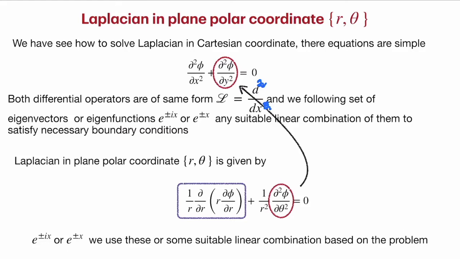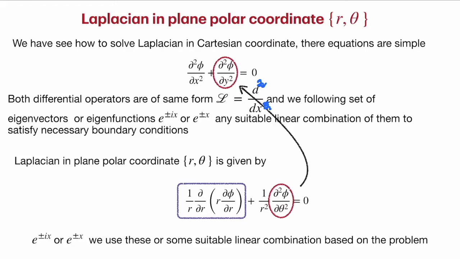The Laplacian in the plane polar coordinate r theta is given by 1 by r del by del r into del phi by del r plus 1 by r square into del square phi by del theta square is equal to 0. So one immediate observation here is that the del square phi by del theta square is very similar to the del square we have seen in the Cartesian coordinate system.